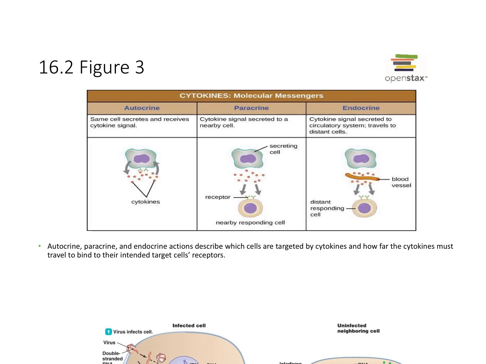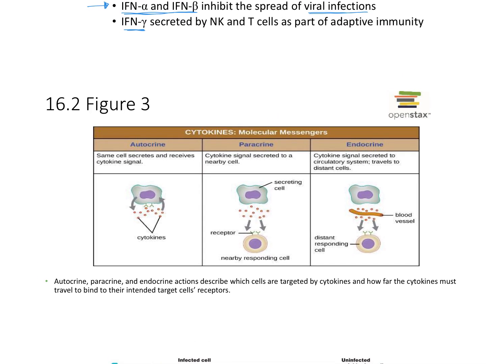Before I get to that, I forgot to mention that we can think about how cytokines act. They act in three different ways in our bodies. Autocrine, meaning that some cytokines actually act on the cell that secretes it. A lot of immune cells will secrete some cytokine and they'll have receptors for that cytokine that tell it to do some kind of function.